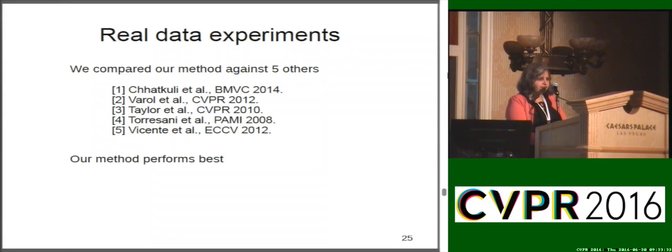We compared our method with 5 other methods. 1 and 2, 3 and 5 are the methods that work on rigid or template-based settings, and 4 is a method that works on temporal sequences.